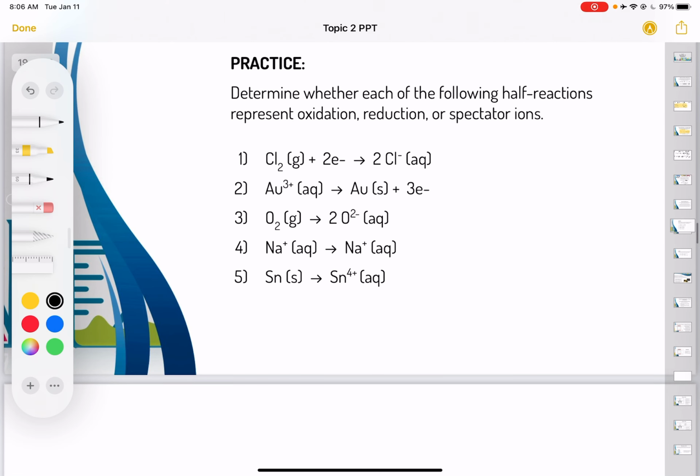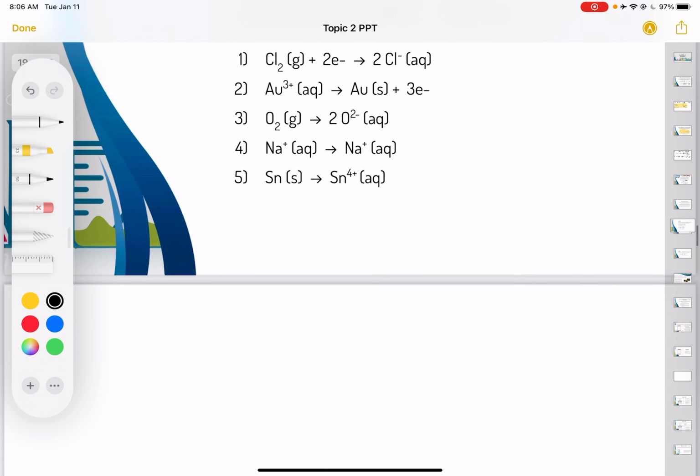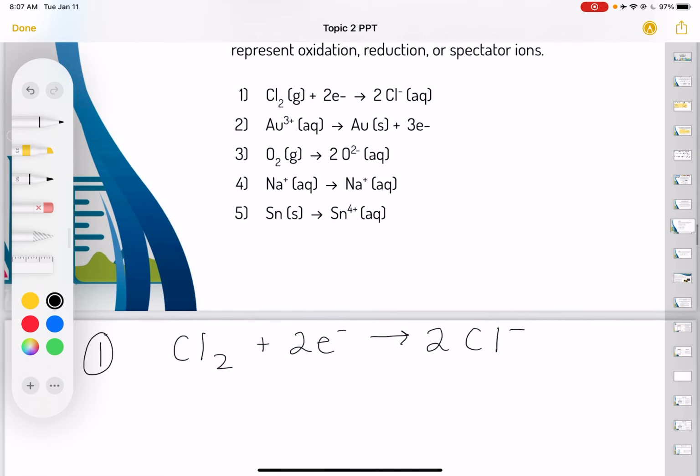Okay, so here it wants us to determine whether each of the following half reactions represents oxidation, reduction, or spectator. So we can do some of these as an example. So let's do number 1. We got chloride and 2 electrons.